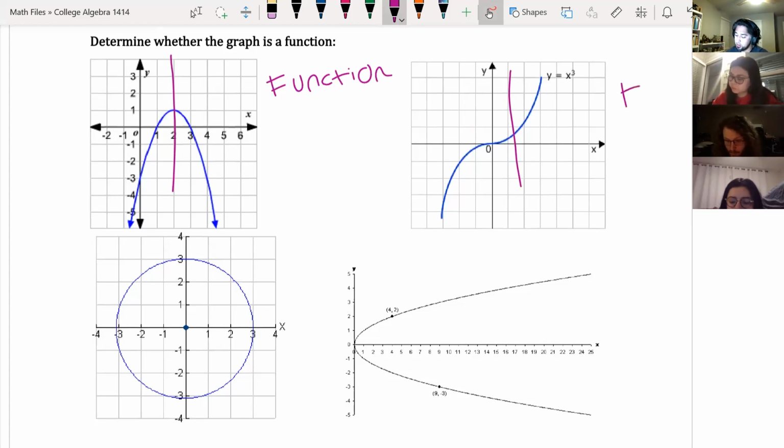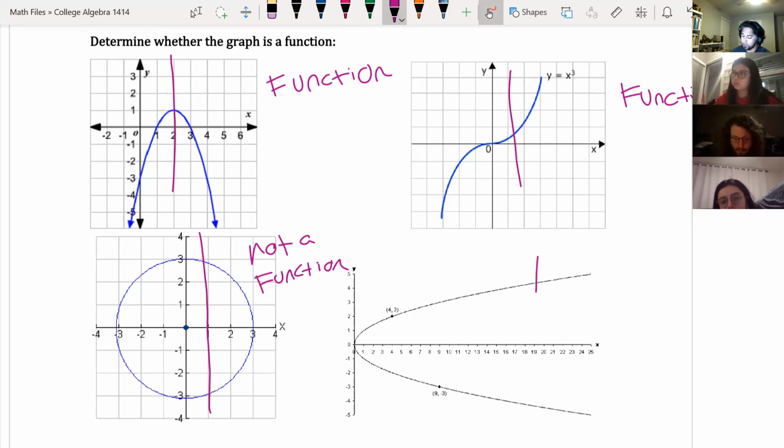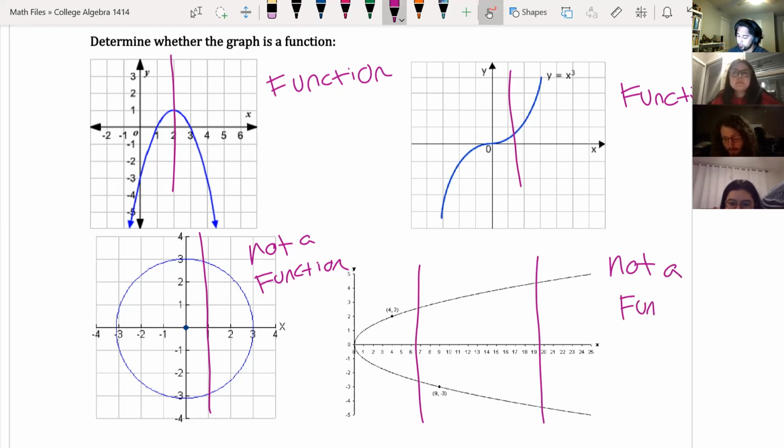So again, you have a function. And then the third graph, if I draw a line through this graph, I intersect it twice, meaning this is not a function. And then the very last one, once again, if I draw a vertical line through it anywhere, I will always intersect it twice. So once again, not a function.